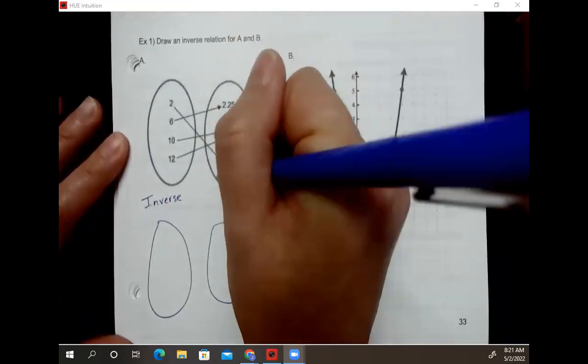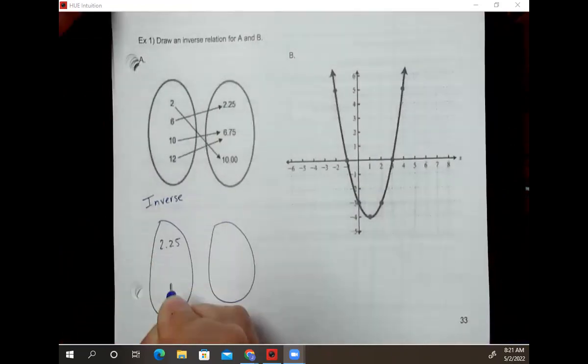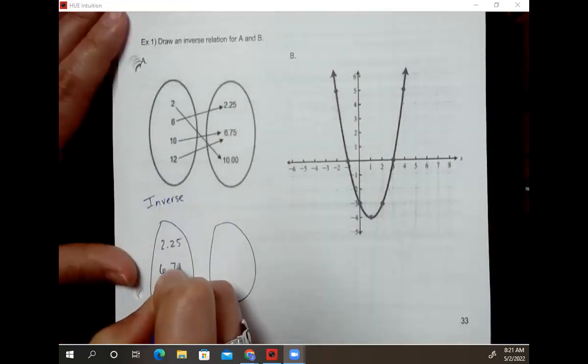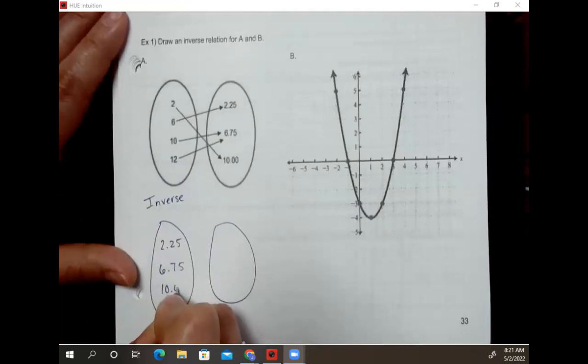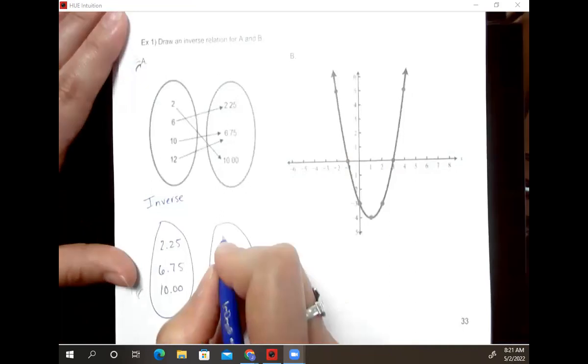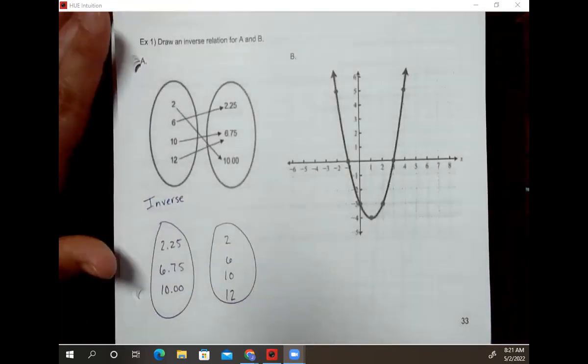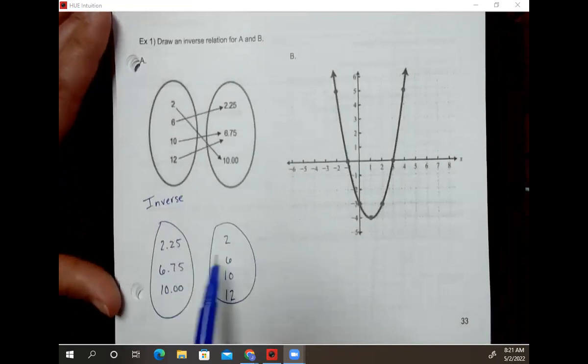So this will be my domain, 2.25, 6.75, and 10. And then this is my range, so 2, 6, 10, 12. And then I map from here to here.